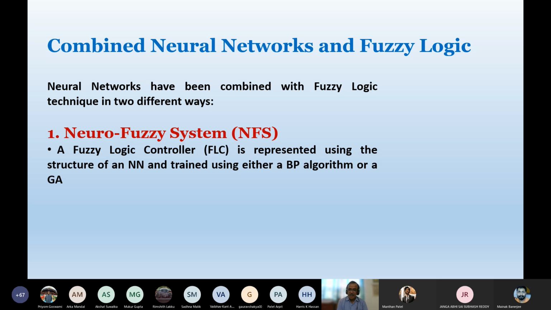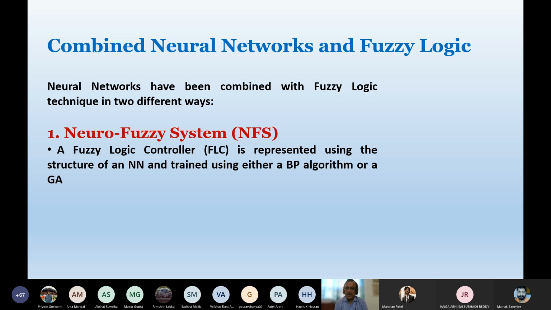It's basically a fuzzy logic controller or fuzzy reasoning tool, but to represent it, we take the help of the structure of a neural network. I'll show you. Looks-wise, it will seem just like a neural network, but basically it is a fuzzy reasoning tool. Let me repeat: the neuro-fuzzy system is basically a fuzzy reasoning tool expressed using the structure of a neural network.